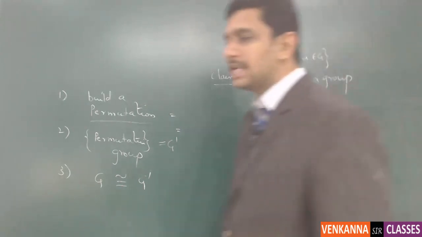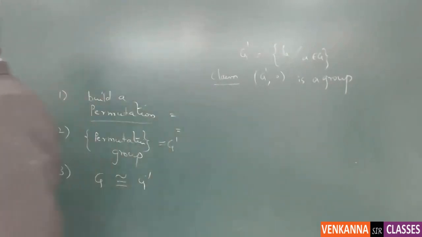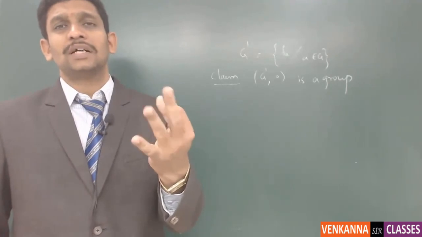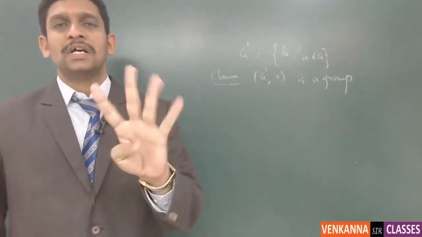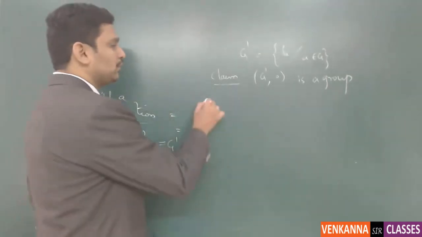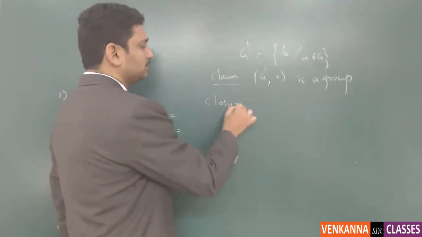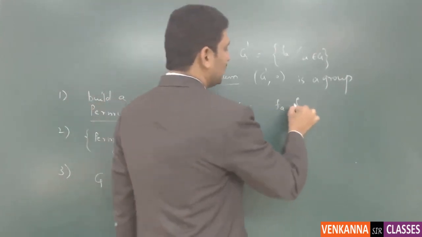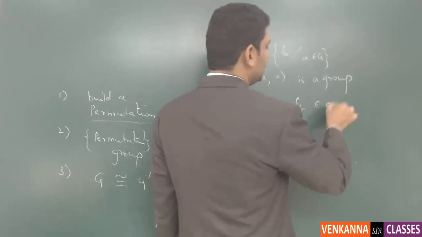So I have considered all the permutations into one set. Now my interest is to show that it is a group. So I have to verify closure law, associative law, identity and inverse. These 4 things I need to verify here. If you go for the closure property, you take 2 permutations FA and FB in G dash.